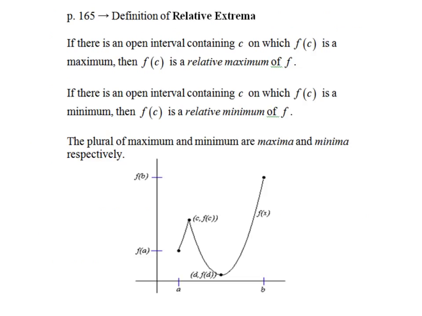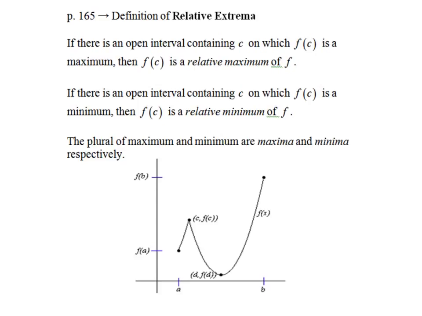So here are the definitions for relative extrema taken from page 165. As far as putting these in your notes, like we were saying with the definition of extrema, it's mainly something you just need to be able to recognize from a graph and understand its value. So I won't be quizzing you directly on this definition, but if you'd like to put it in your notes, it's fine.